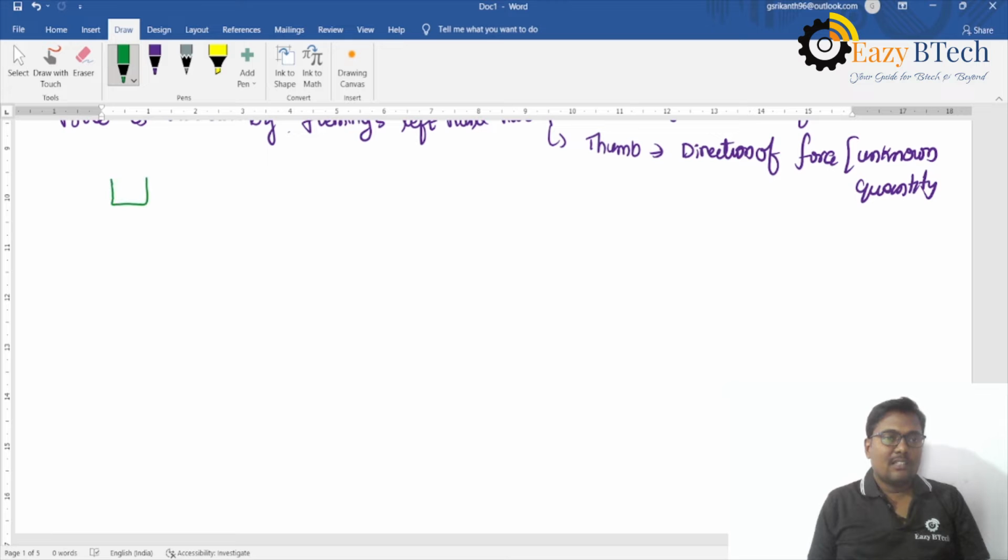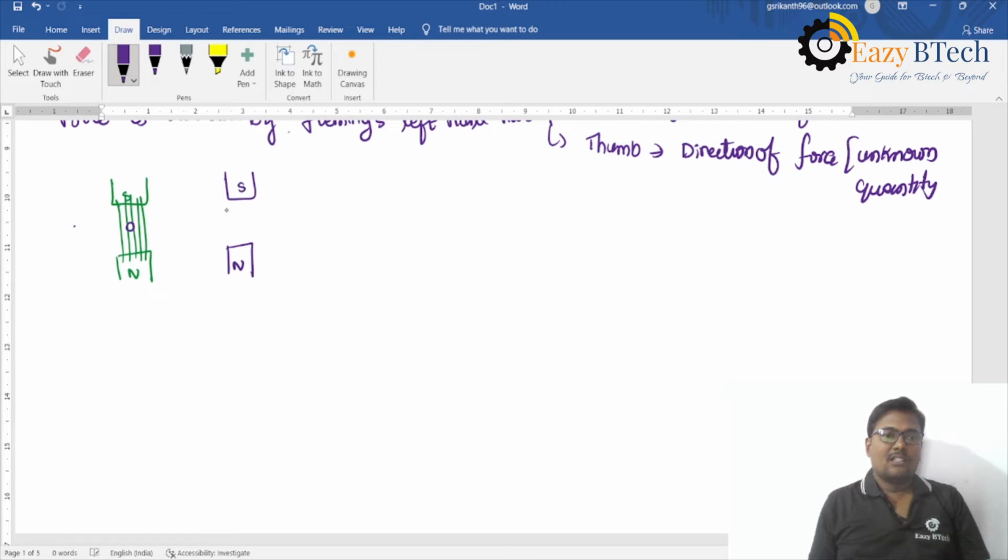I will explain in another way. This is a north pole and south pole. The flux lines are coming from north pole to south pole. If I take this single conductor, the front view of the conductor is a small circle.